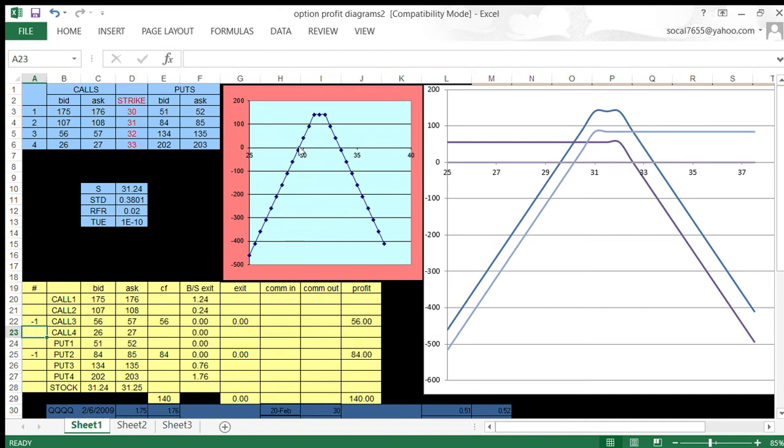With the short strangle, again, we have two break-evens. Relative to the lower strike and the higher strike, we're allowed movement in the amount of the total, which is $1.40, either way before we start losing money.